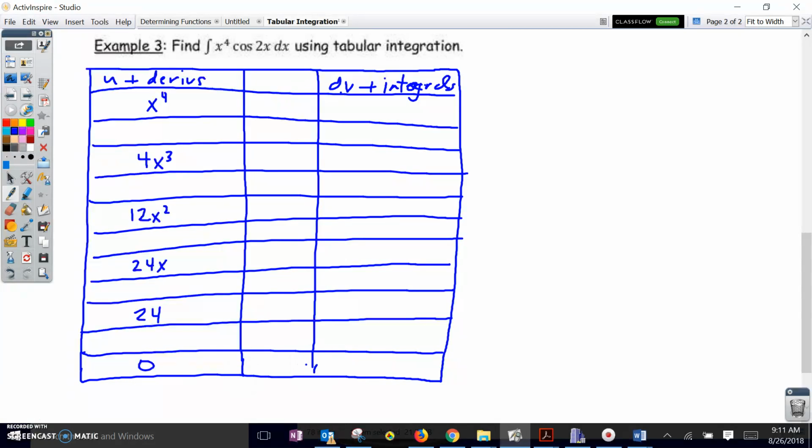Alright, and I'll fill my plus and minus signs in as well. And I'll fill in my dv and my integrals.